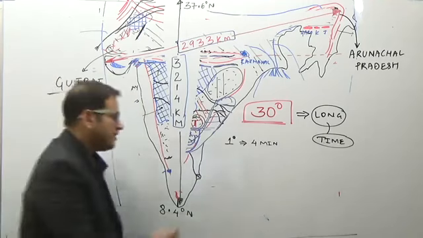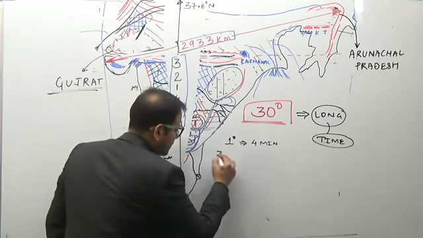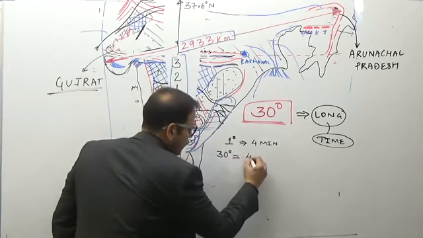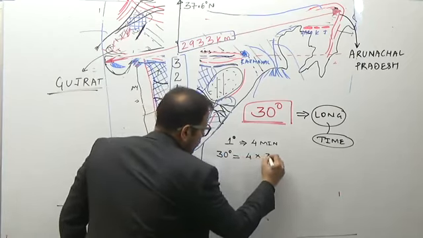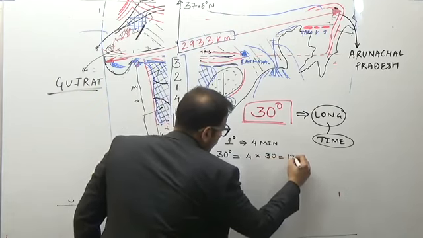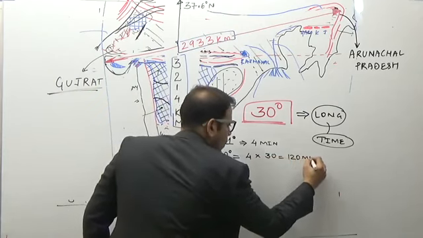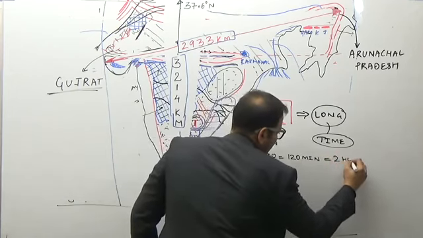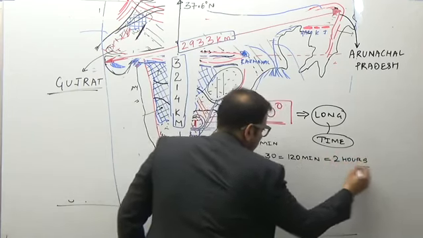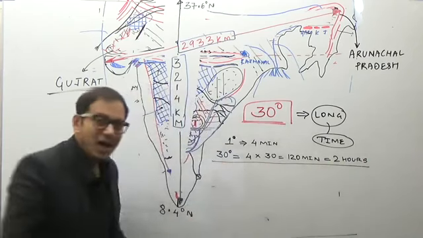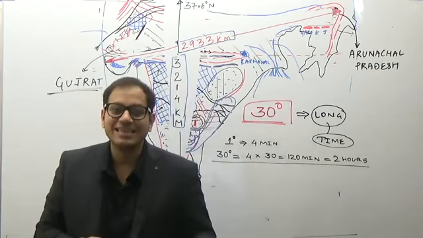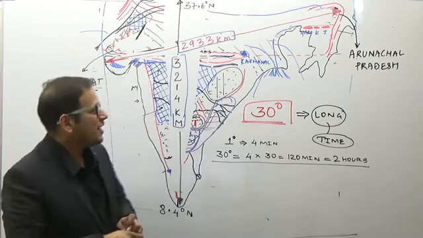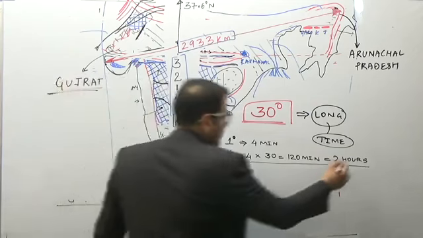So that means for 30 degrees, the time difference will be around 4 minutes into 30, which comes to around 120 minutes. 120 minutes will be 2 hours. So what is the difference between Arunachal Pradesh and Gujarat in terms of sunrise or time?